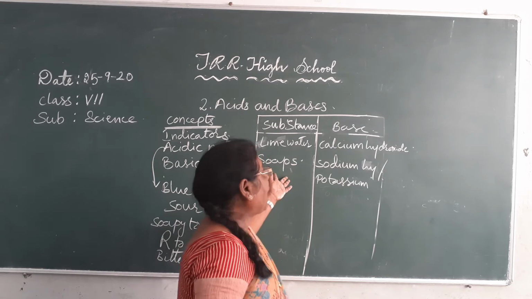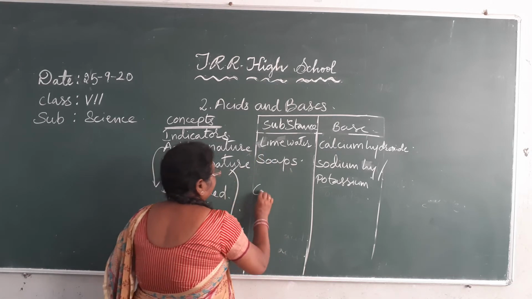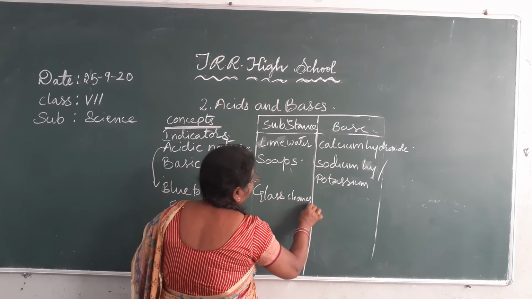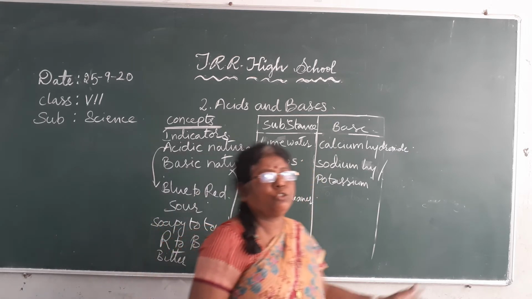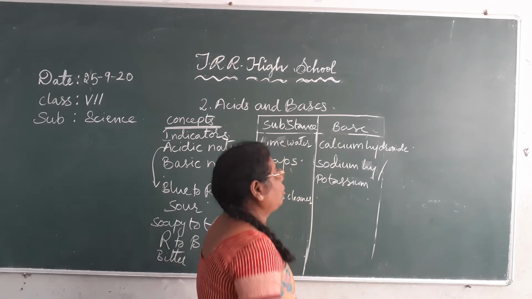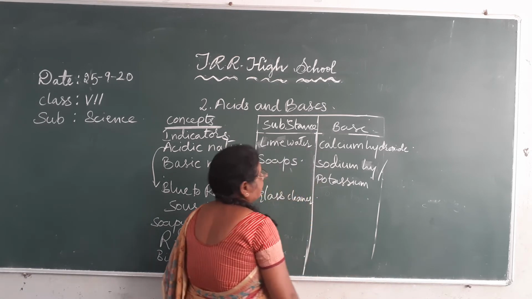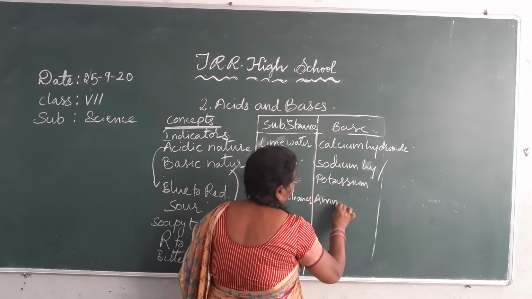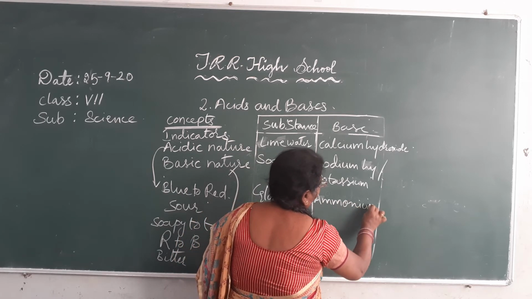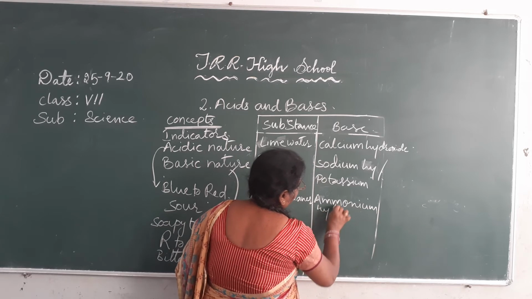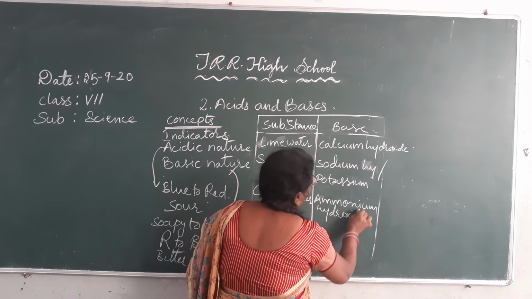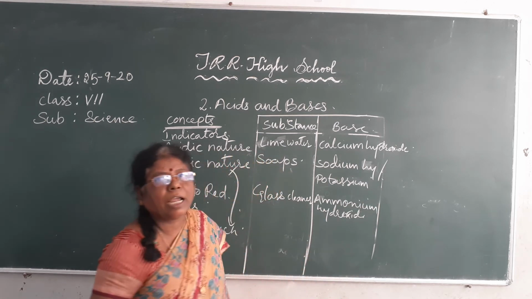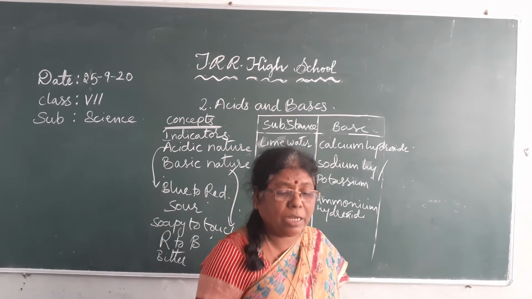Next coming to glass cleaner, which we use for cleaning. Now you are getting it in the market. It contains ammonium hydroxide. All these hydroxides mean basic in nature.